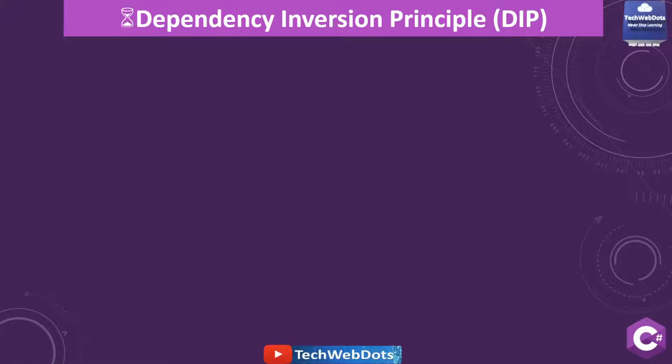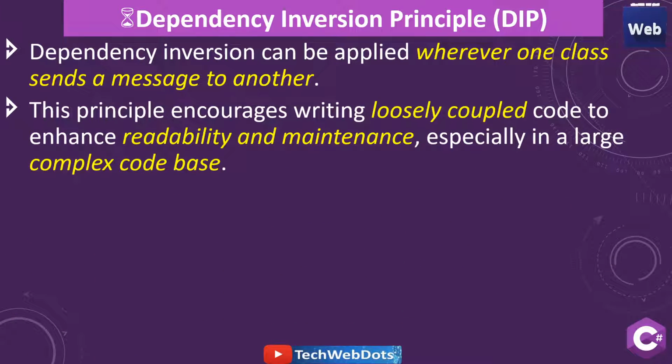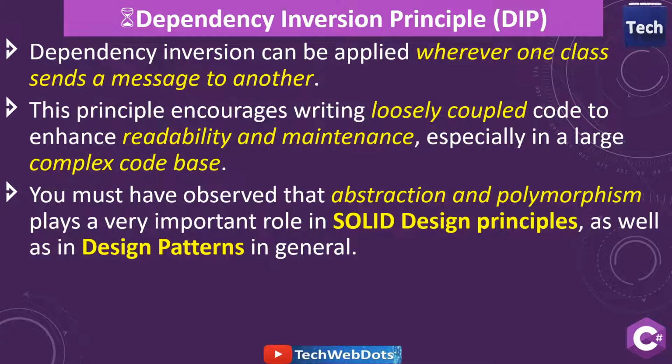So at the end I will say dependency inversion can be applied wherever one class sends a message to another one, right? And this principle encourages writing loosely coupled code to enhance readability, maintainability, and especially when we are working with a complex code base. So these are all the advantages of the dependency inversion principle.